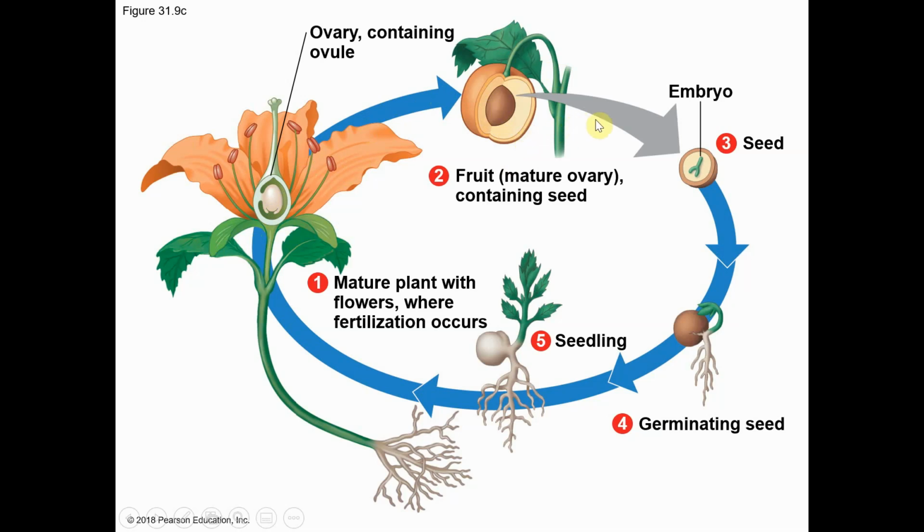And so when that fruit is spread, eaten, dispersed, eventually that seed will hopefully land on a great area and start germinating or growing. And from there it's going to grow roots and then a shoot, and then grow into our normal sporophyte plant that we're familiar with. And so that's how the flower and the fruit correlate. So the flower structures, once fertilized, develop into a fruit.